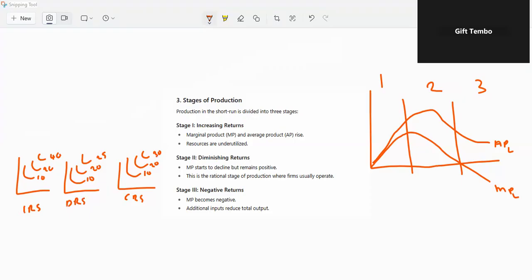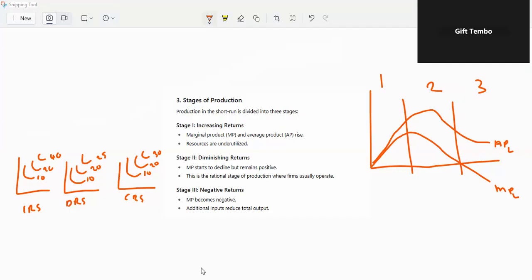Under production we must also understand that there are terminologies that we must acclimatize ourselves with in terms of the formulas. There's what we call total product of labor, average product of labor, and marginal product of labor. All these key terms are important to understand.